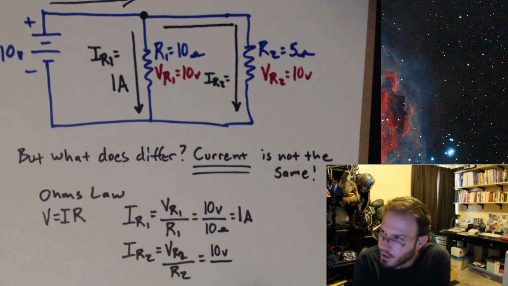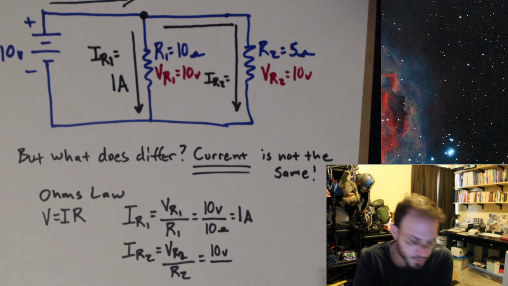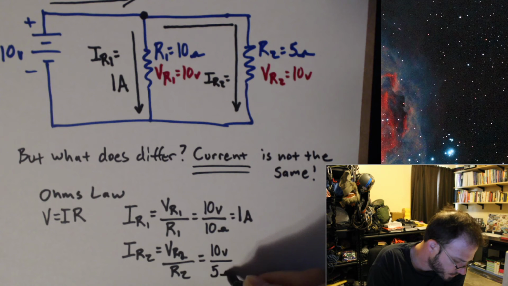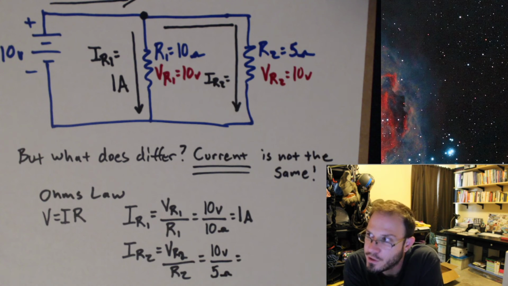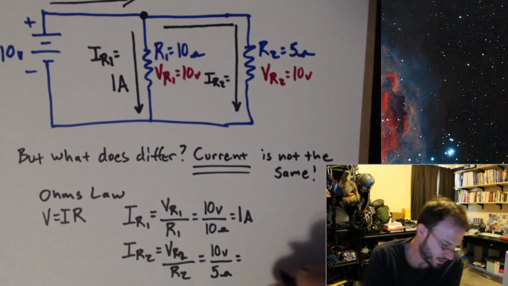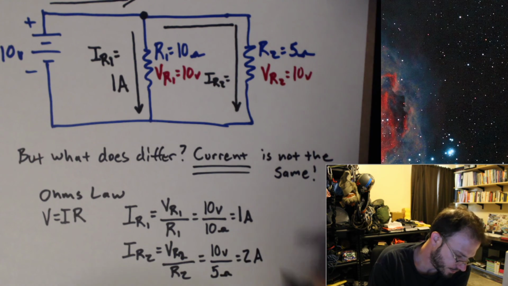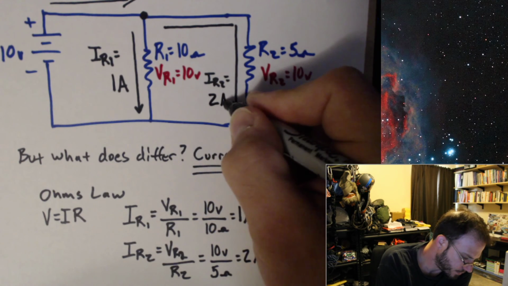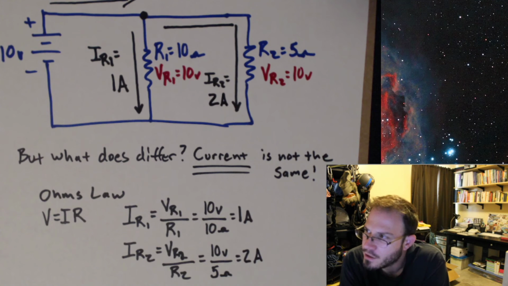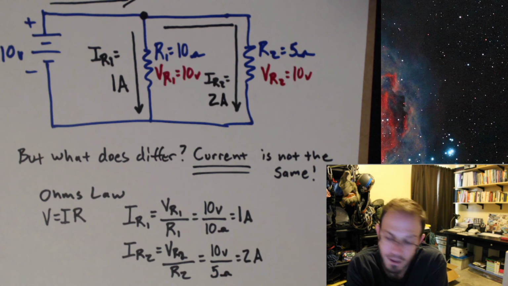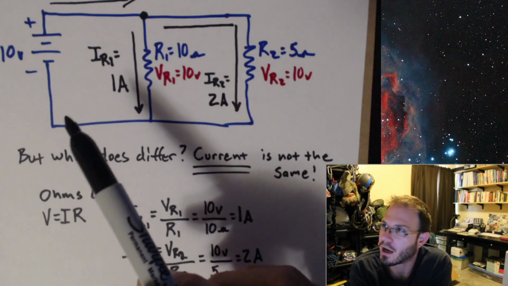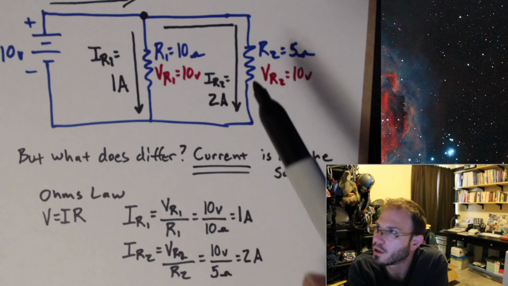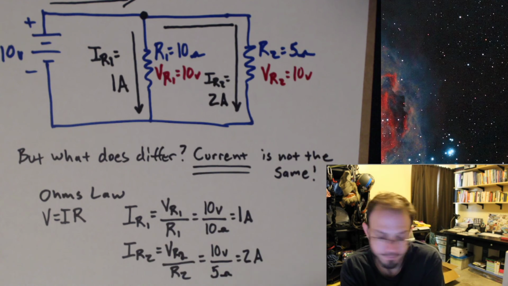And we know the resistance of R2, as given by the problem, to be 5 ohms. Therefore, what is the current going through R2? Well, 10 divided by 5 gives us 2. 2 what? 2 amps. So that's how we used that property of parallel circuits, being that they have the same voltage drop across them, in order to get to our currents using Ohm's law.